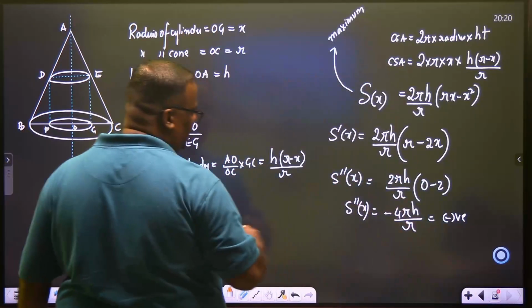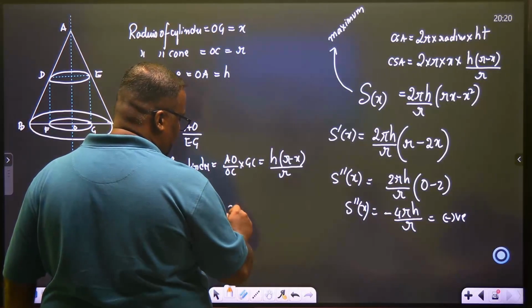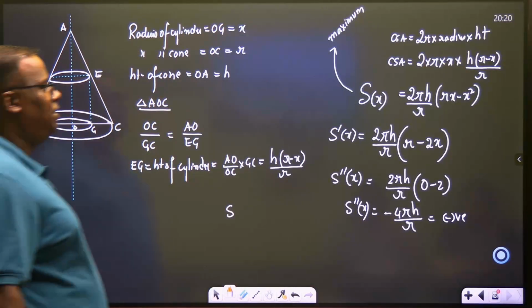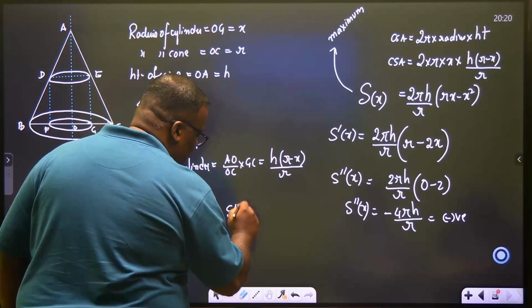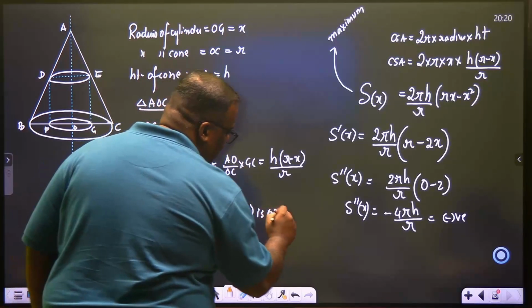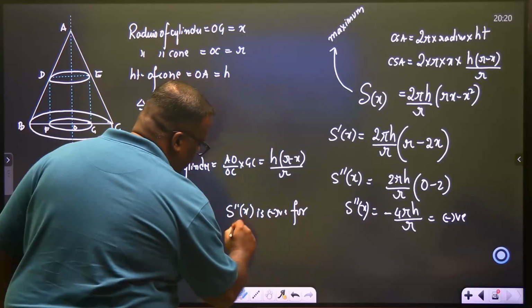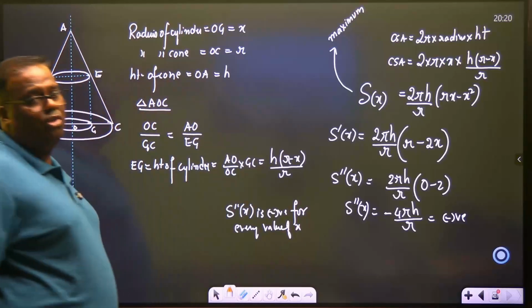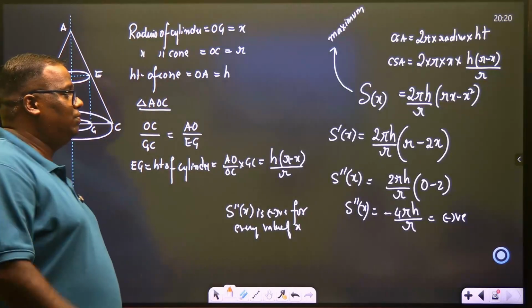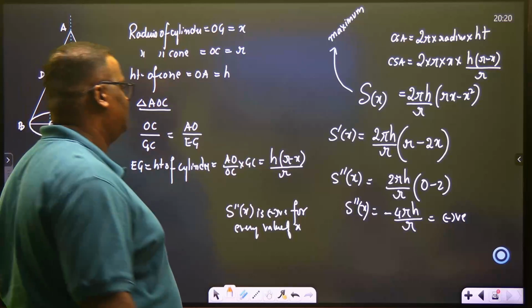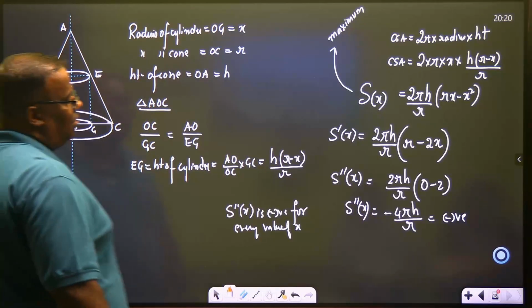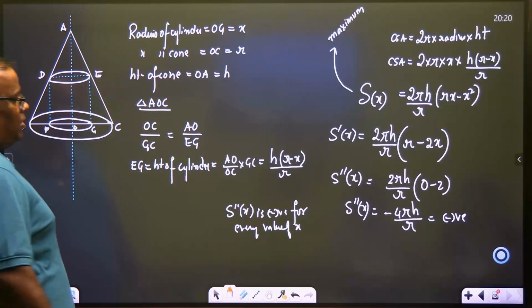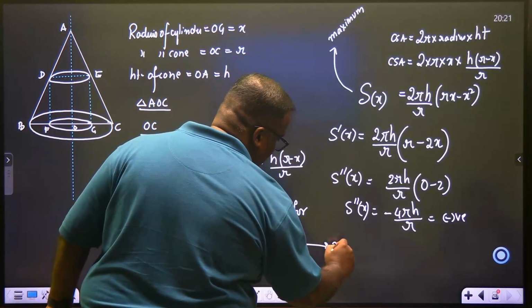And this negative means that S double dash X is negative for every value of X. That means it is giving you a maxima.